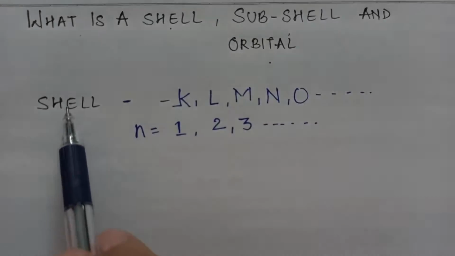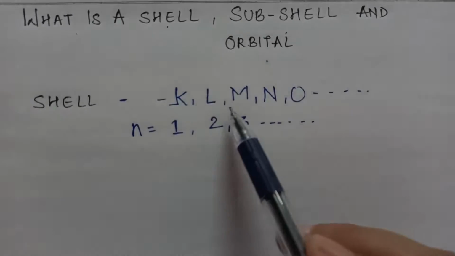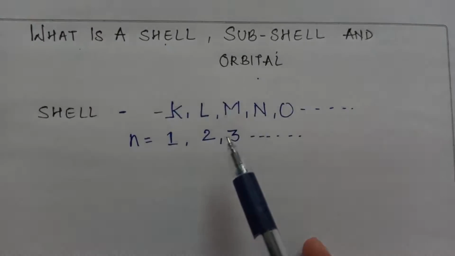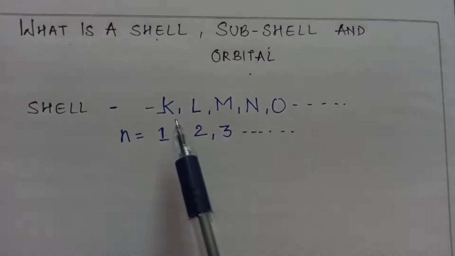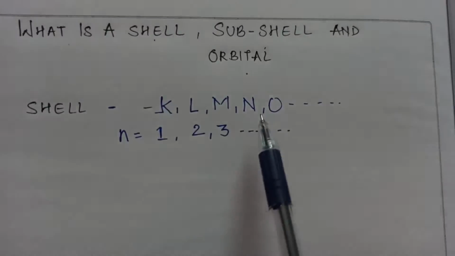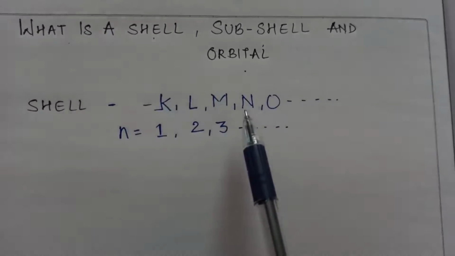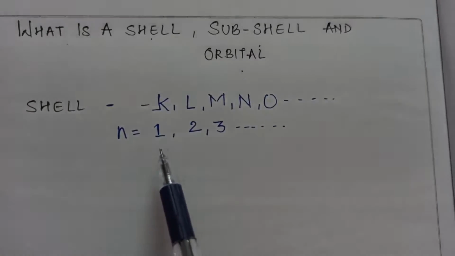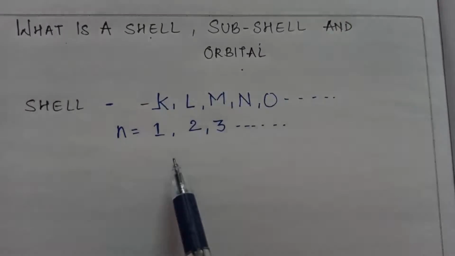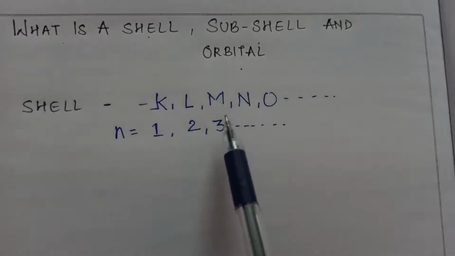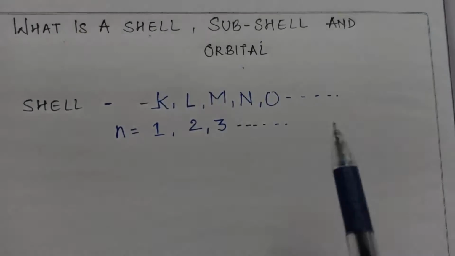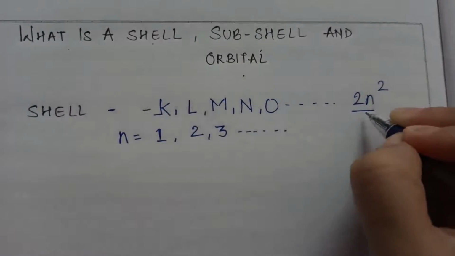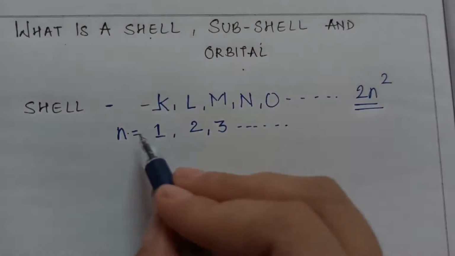So in an atom, shells are K, L, M, N. Till 10th class you were writing the electronic configuration in shells according to the Bohr-Bury rule, which is the 2n square rule. And you know K shell can hold a maximum of 2 electrons, L can hold 8, M can hold 18, and so on, according to 2n square, where n is the number of the shell.